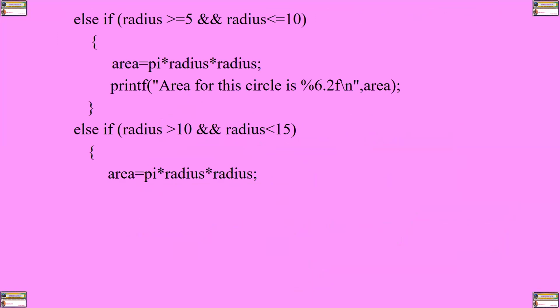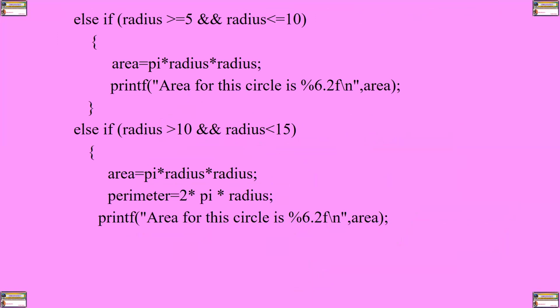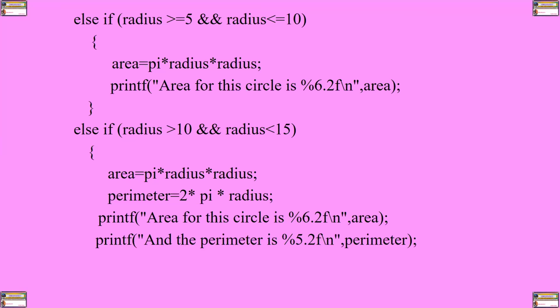Now, on the boundary condition, if the value is between 10 and 15, we compute the area, we compute the perimeter, then we display the following message: area for this circle is that, and the perimeter is that. Then from there, we come out of that section.